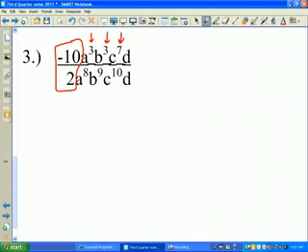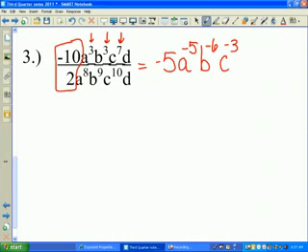So if you have a negative 10 divided by 2, that would give me a negative 5. A to the third divided by A to the eighth, that will give me A to the negative fifth. B to the third divided by B to the ninth, we're subtracting those exponents. That's why I have it raised to the negative 6. C to the seventh divided by C to the 10th, we're subtracting the exponents. That's why it's a negative 3.